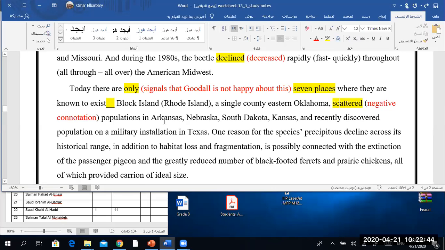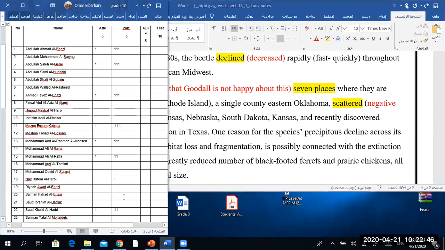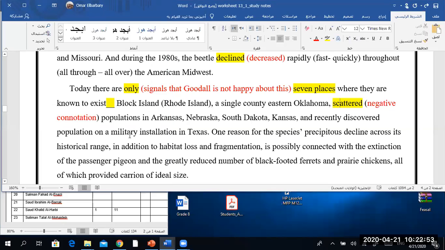All right, so I'm going to ask Muhammad Al-Muhsin to continue reading for us. In Arkansas, Nebraska, South Dakota, Kansas, and recently discovered on a military installation in Texas.